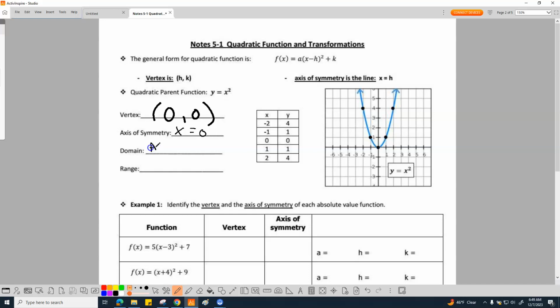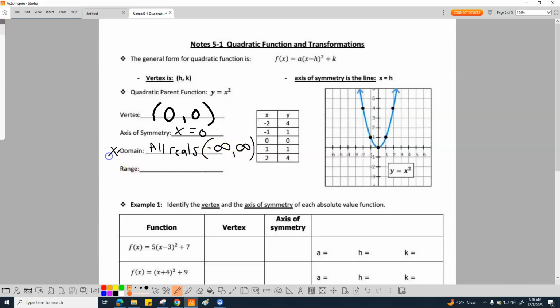Our domain is all reals for quadratics, and it's going to be all reals more or less every single time. And you can write that using interval notation. Remember this thing, from -infinity to +infinity? Jog your memories. We did it at the beginning of the year. I love interval notation. It's the way I prefer it. So that's how you write this here.